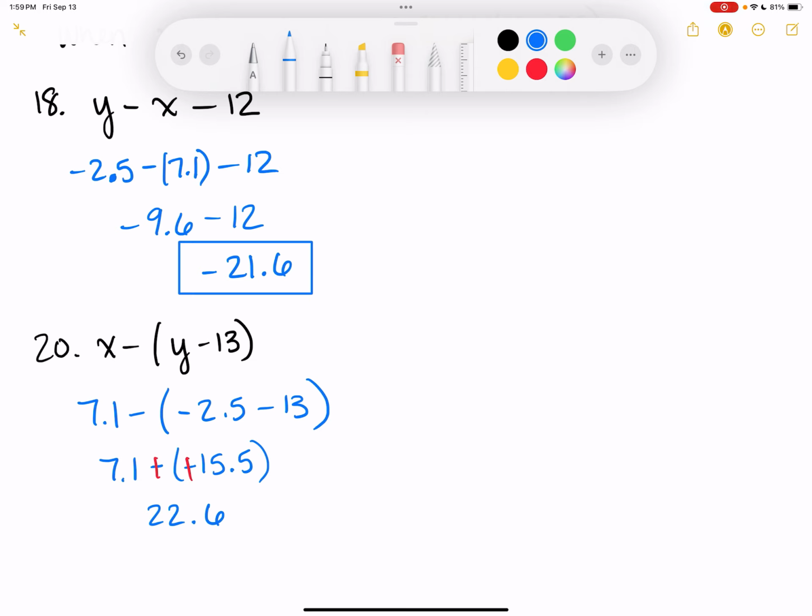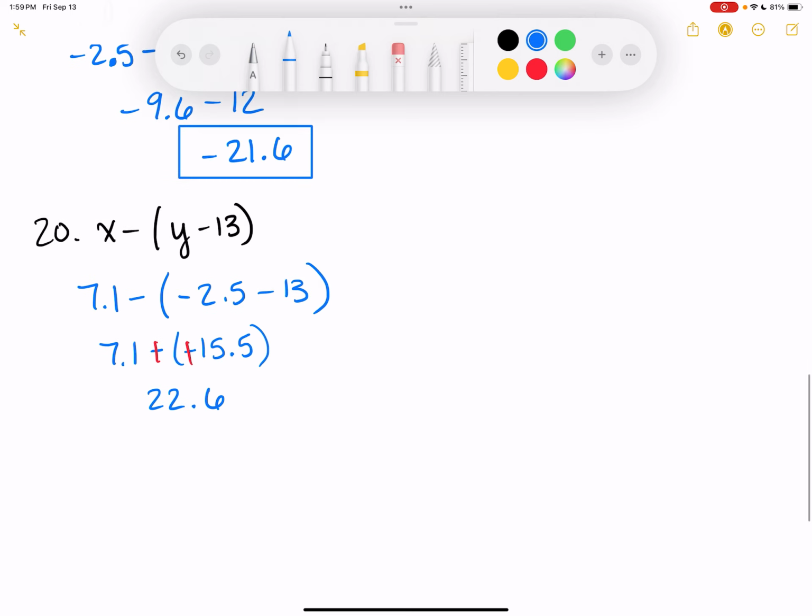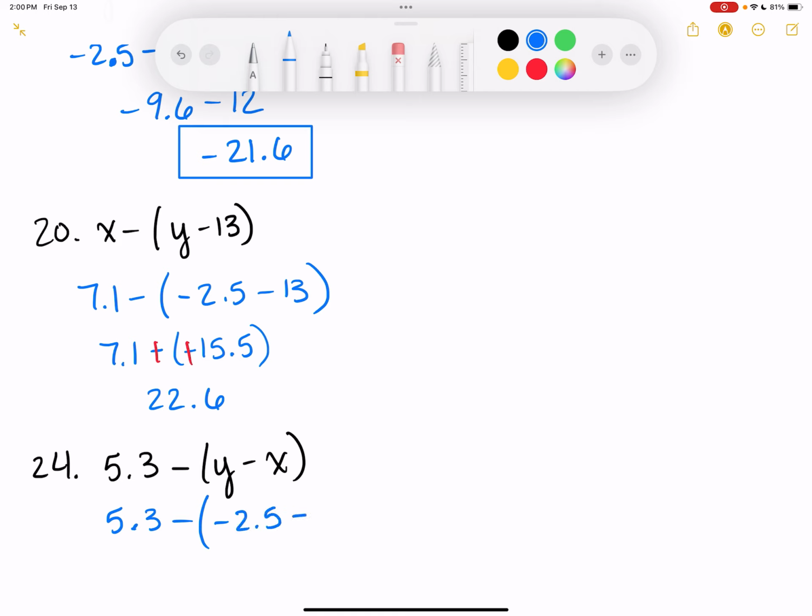One more of this kind. Same numbers getting plugged in. Number 24, 5.3 minus, in parentheses, y minus x. So I've got 5.3 minus, in parentheses, y is negative 2.5 minus x is 7.1.